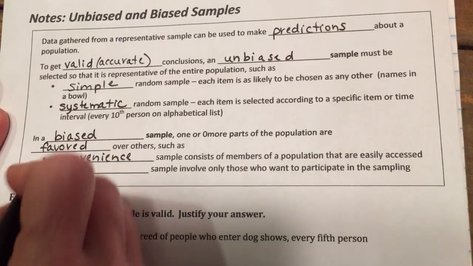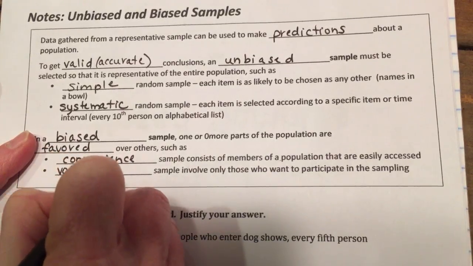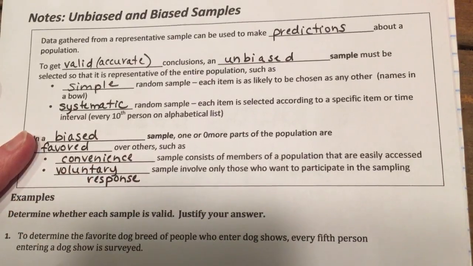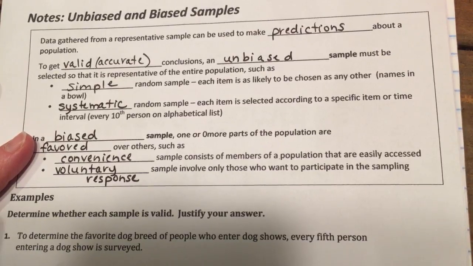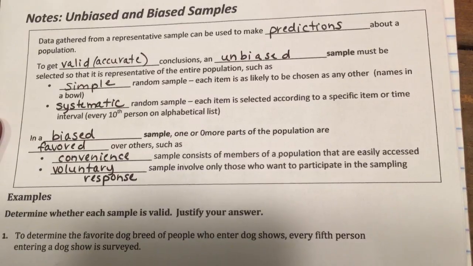All right, the other type of biased sample is called a voluntary response sample. It involves only those who want to participate in the sampling. So that's when you just ask somebody if they want to participate in a survey.